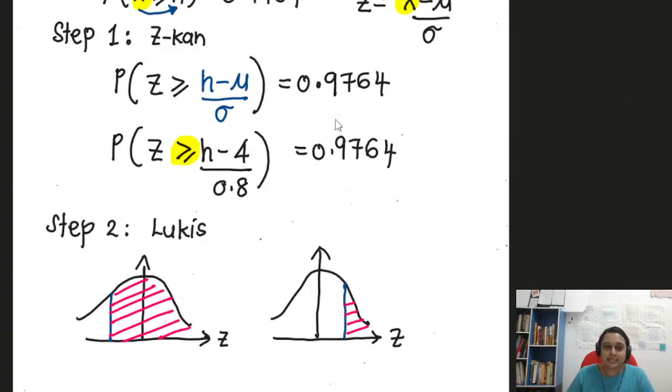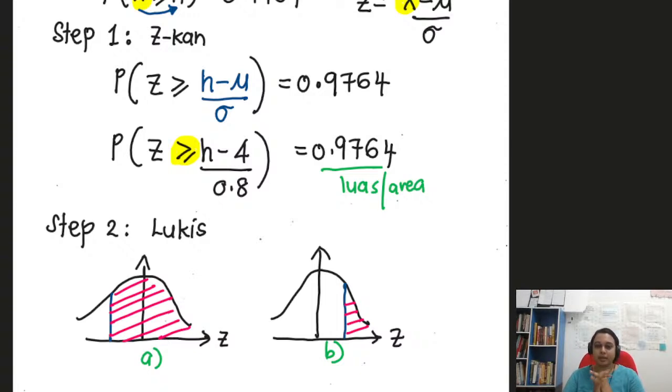Okay. Then see the luas. This is the luas, isn't it? The area. Okay, look at the area. Which one looks like 0.9764? Yang mana nampak macam 0.9764? A ke B? Which one looks like 0.9764?